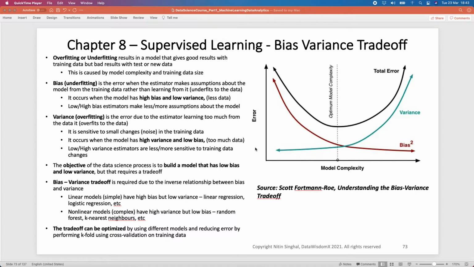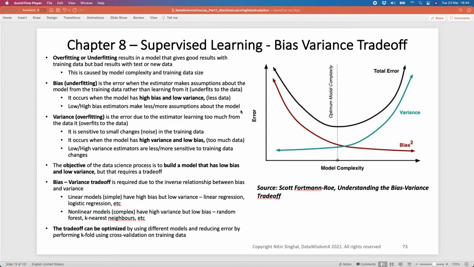Effectively, the model has been impacted by the bias in the learning process, and that is occurring because of the small amount of data. As you can see, low bias estimators make fewer assumptions about the model, and high bias estimators make more assumptions about the model.